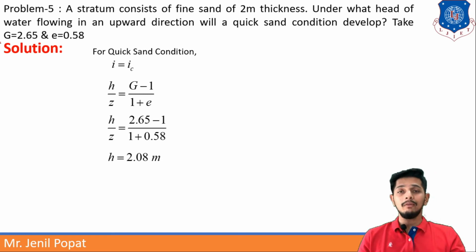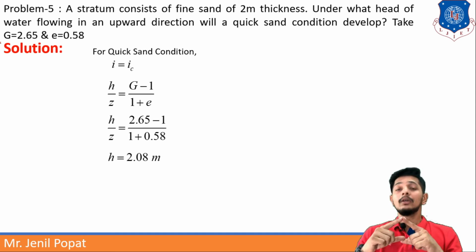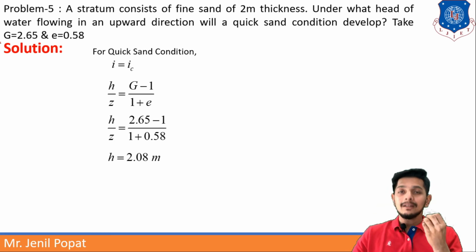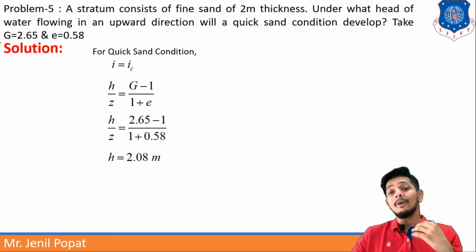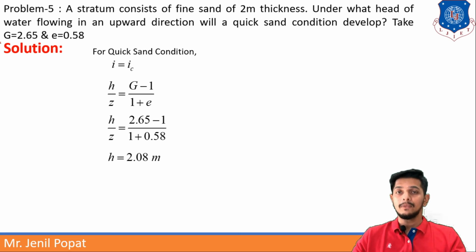So putting all values of G and Z, I am getting H as 2.08 meter. Now what does it mean? It means if the head water is gone up to this height 2.08 meter, then the sand will start boiling or quicksand condition will start occurring. So you should take care of that on the field.